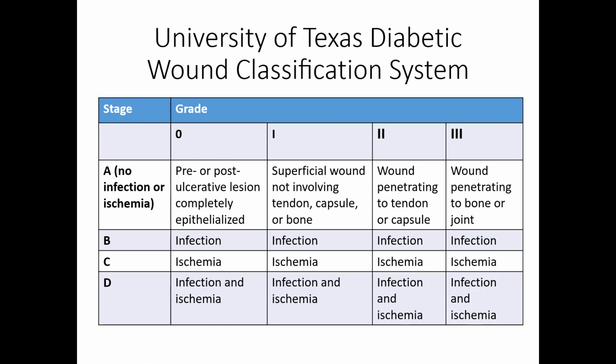Their wound can be bone deep, like grade 3, but it is at stage A. That means the wound is not infected, there is no ischemia. It's a healthy wound, but it is quite deep. It has healed up. I hope you are clear with this.